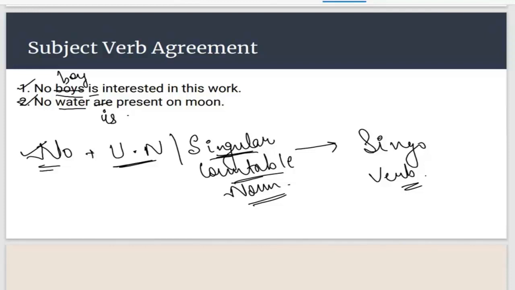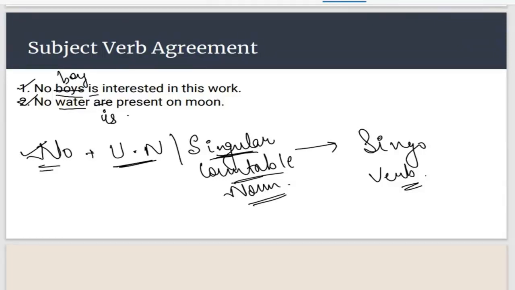So now let's have a quick revision and then we will move forward. Whenever two subjects are connected with as well as, together with, along with, accompanied by, nothing but, no less than, like, unlike, etc., then the verb agrees according to the first subject, not the nearby subject.